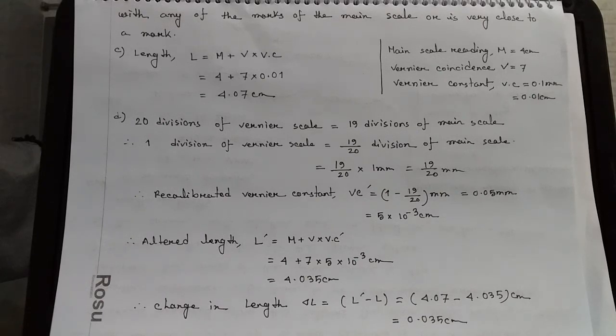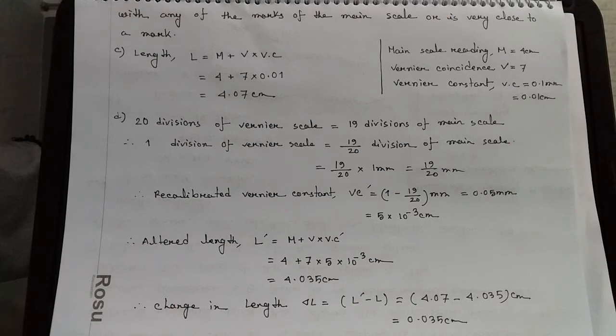In the question, the Vernier constant was given as 0.1 millimeter, so we can guess that the Vernier scale had 10 divisions, and the reading using that scale was 4.07 centimeter.